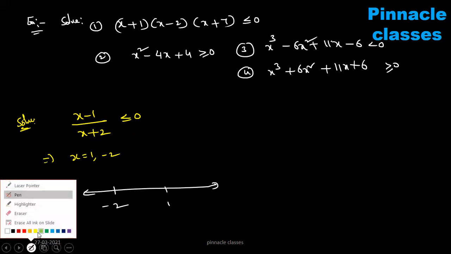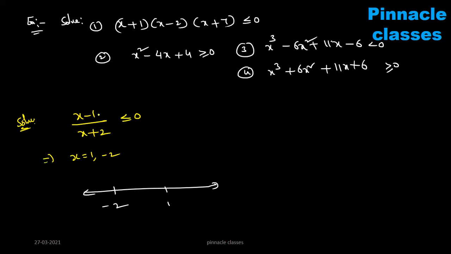See. So in this case, less than or equal to 0 means put x is equal to 1, yes, satisfied. So this is included, but minus 2 is what here, dear students, that is excluded. Why? If I'm taking x is equal to minus 2, then the whole inequality is undefined.